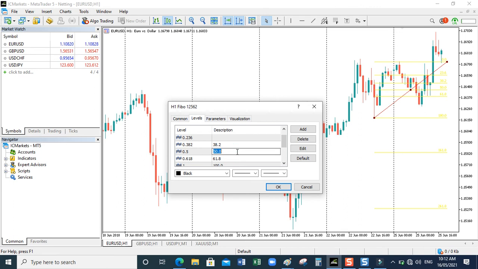So under your description here, you put in equilibrium level. Then under this place, you put in your critical price zone.